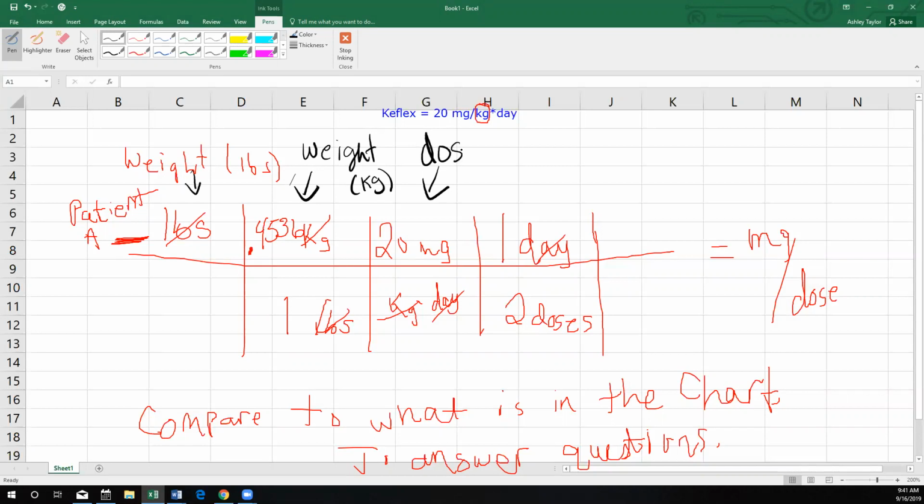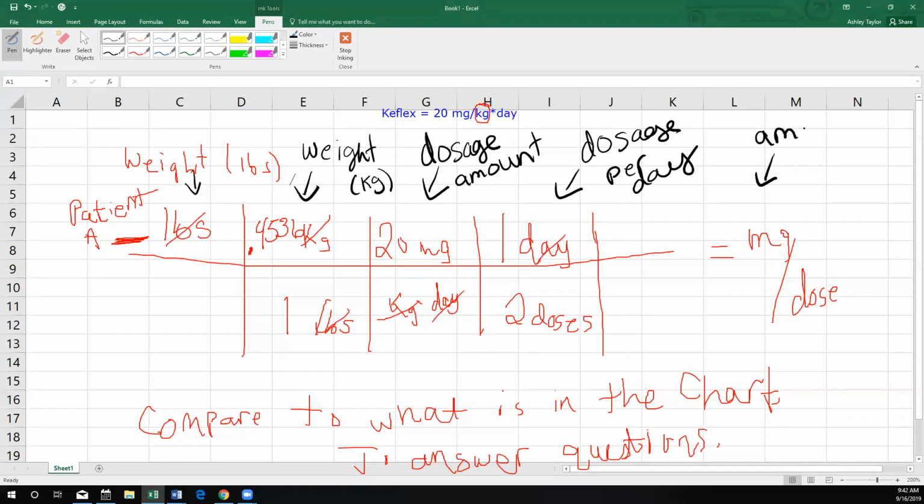dosage amount, and this is my dosage per day, and then this is my amount per dosage.